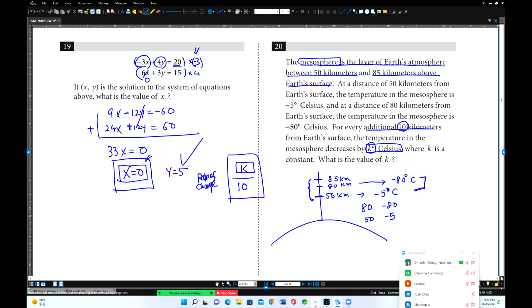Now let's find out how much the change is. -80 minus -5, that is the change in temperature. What is the change in height? 80 minus 50, isn't it? That is the rate of change. I'm going to make the line over here.